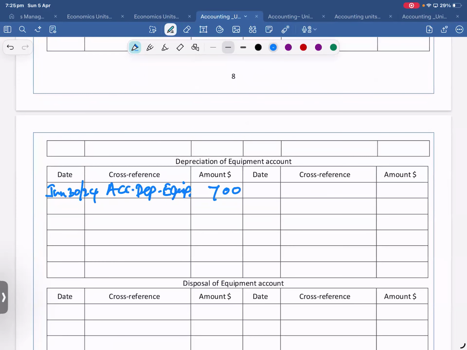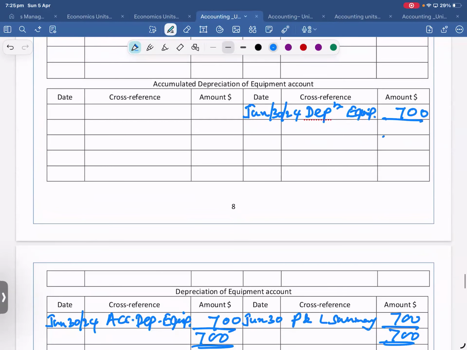You transfer it to, yes, June 30th, what do you do? Transfer it to P&L summary. 700, meaning you can balance this one off. There's nothing left. Right. Next one.